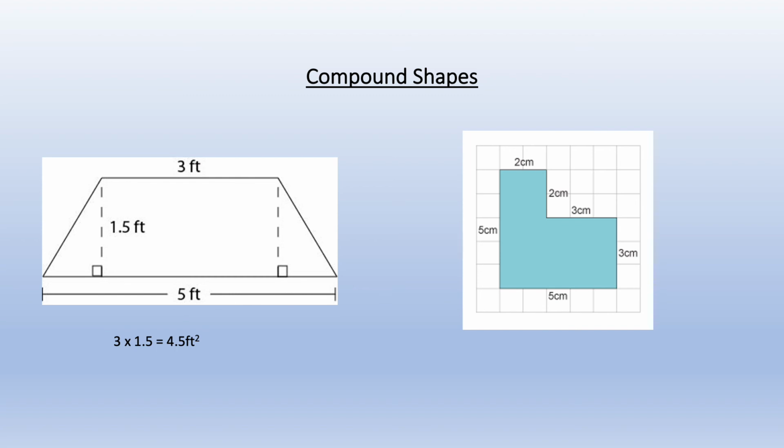So this is 1 times 1.5 times 0.5, giving 0.75 square feet for each triangle. And then adding the 3 shapes gives 4.5 plus 0.75 plus 0.75, and the final answer is 6 square feet.